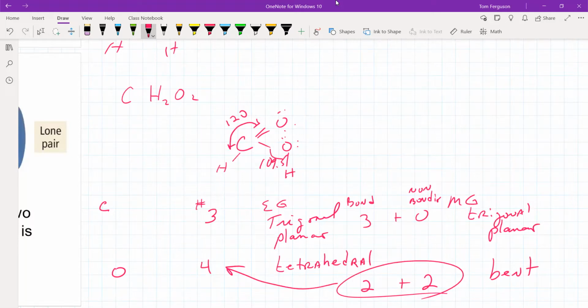It's not going to be exactly 109 because it's not a perfect tetrahedral. And then determine whether it's polar or not. Okay, so that's the essence of this worksheet. There's a lot of practice. And if you've never done this before, you really need to practice.